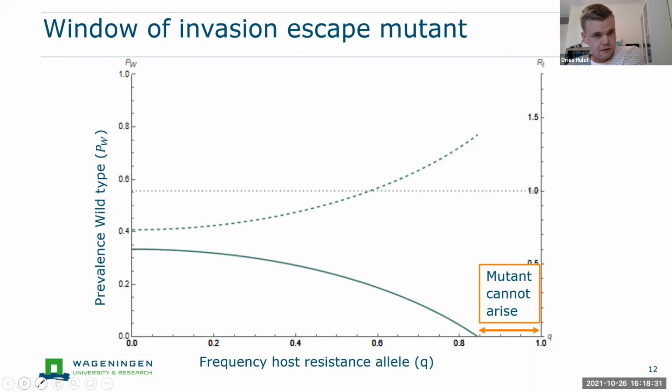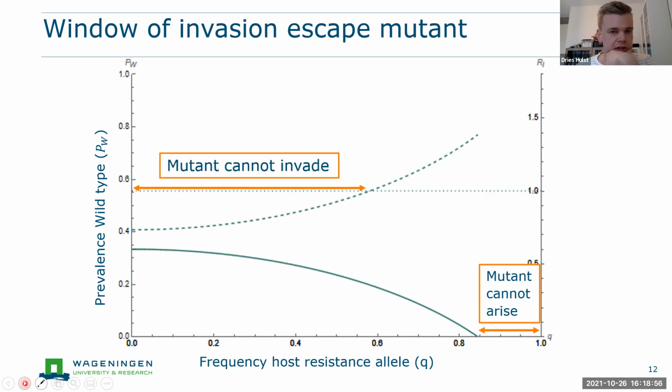This R invasion is the dashed line in this figure, and the scale is on the right y-axis. I put a dotted line at 1, because for this reproduction ratio too, it needs to go above 1 for the mutant to be able to invade.